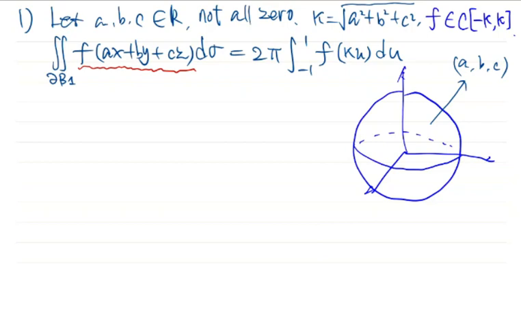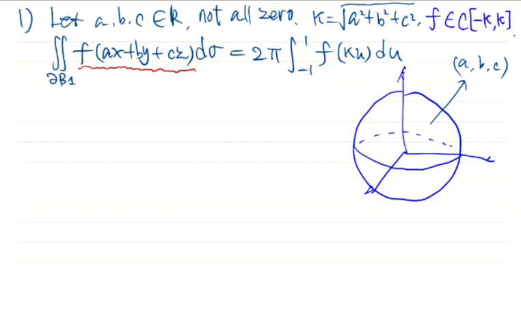This is equivalent to making an orthogonal transformation. In our previous study, we have an example saying that the surface integral is invariant under the orthogonal transformation. Using this result, we can rotate our coordinate system.